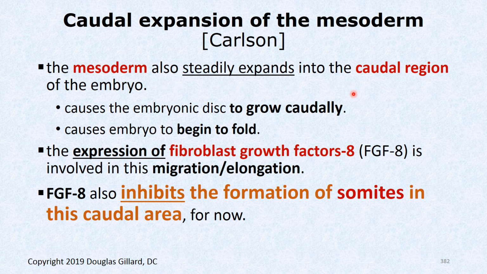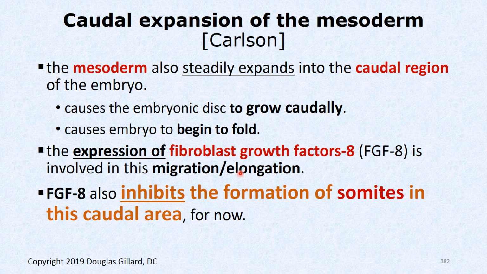In the caudal region of the embryo, we know what causes it. It's FGF8. So the expression of fibroblast growth factor 8, those genes are turned on big time in the mesodermal tissue caudally, and that helps them split by mitosis, and they get longer and longer.